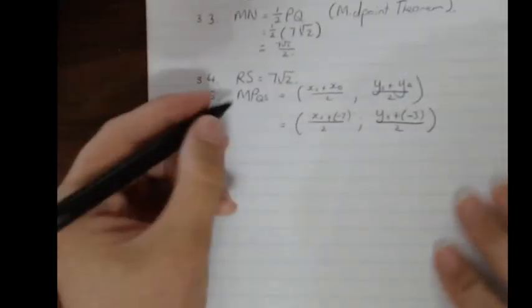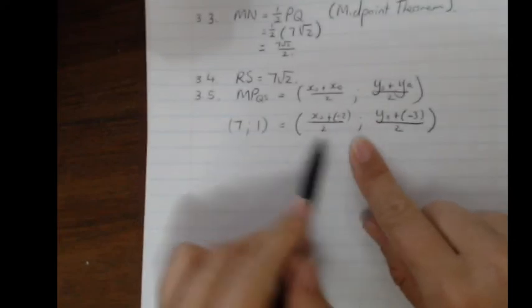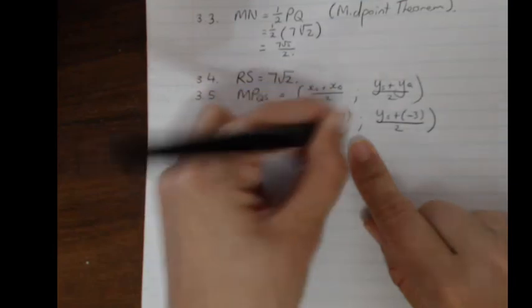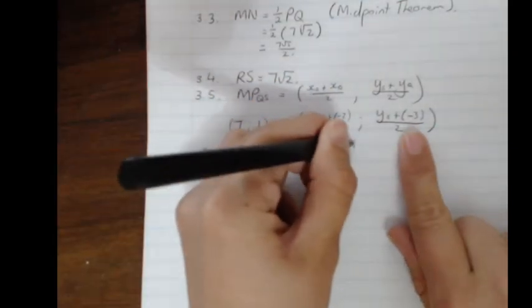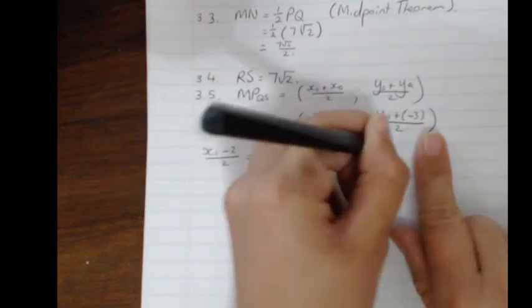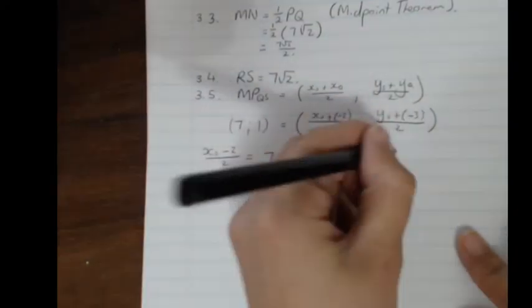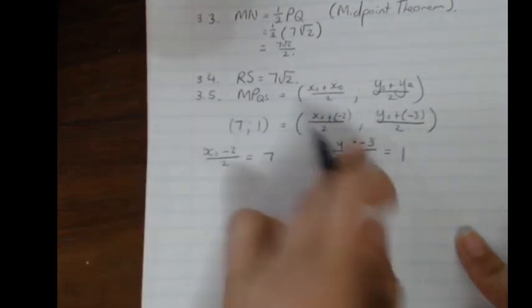And then the midpoint is given here as 7, 1. Right, so (XS minus 2) over 2 should be equal to 7, and (YS minus 3) over 2 should be 1. And then you have two separate little equations with an x and a y to solve.